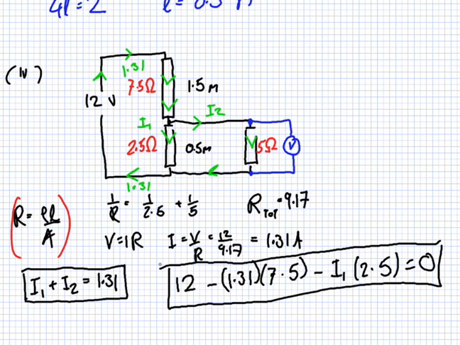So now I can get the I1. 12 minus 1.31 times 7.5, divided by 2.5. So I get I1 is 0.87. And therefore I2 is 0.44 amps.